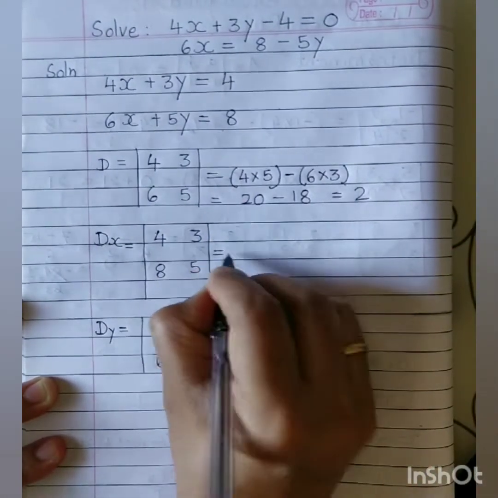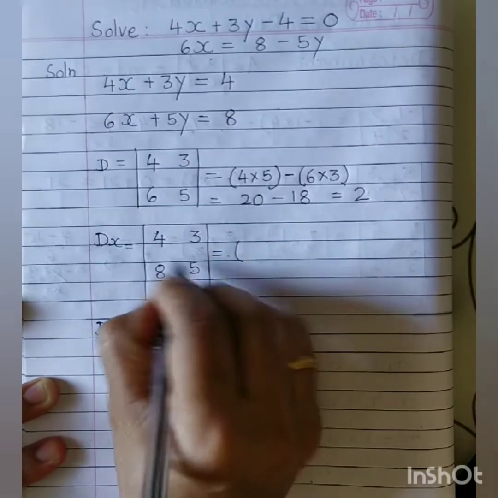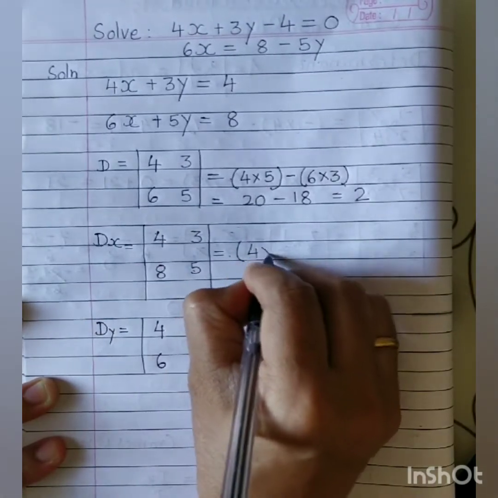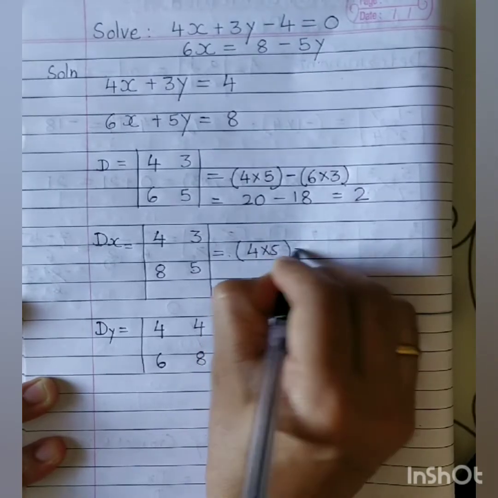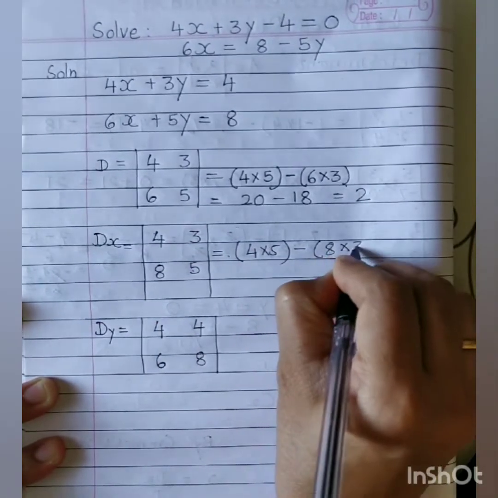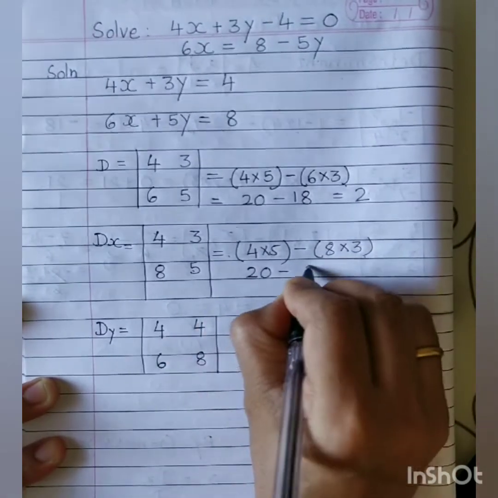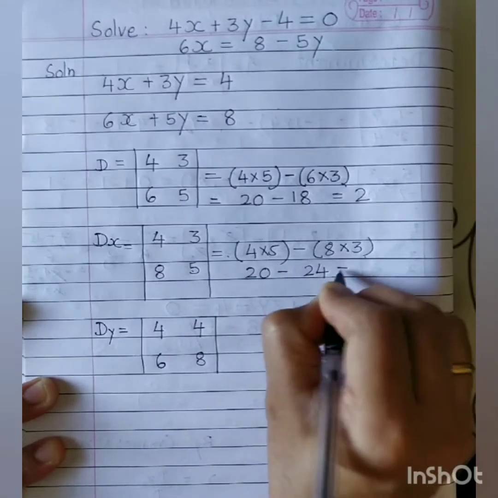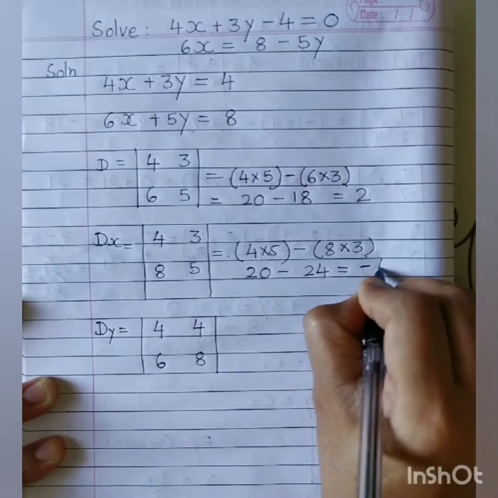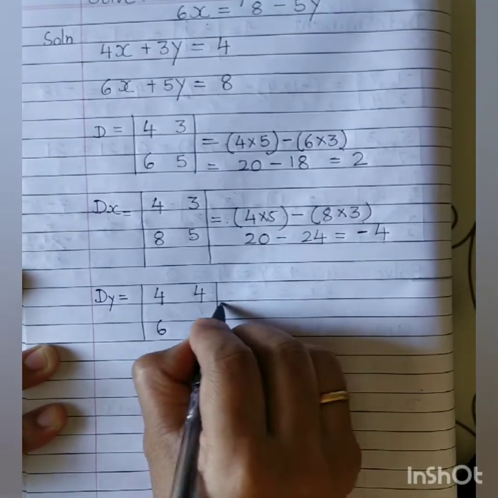Here also cross multiplication you are doing. 4 into 5, 20, minus 8 threes are 24. You have got 20 minus 24. Be careful. What will be the answer? Minus 4.